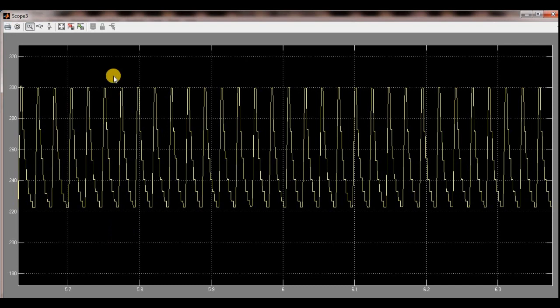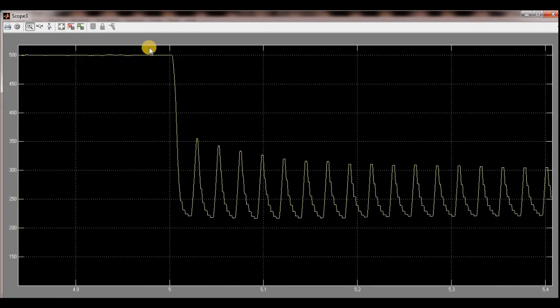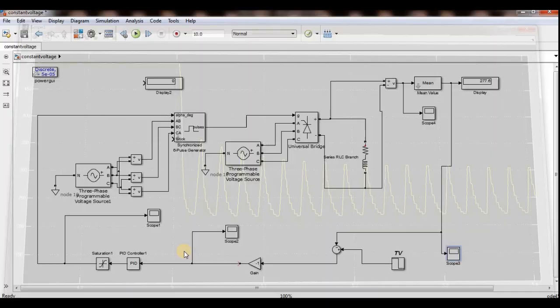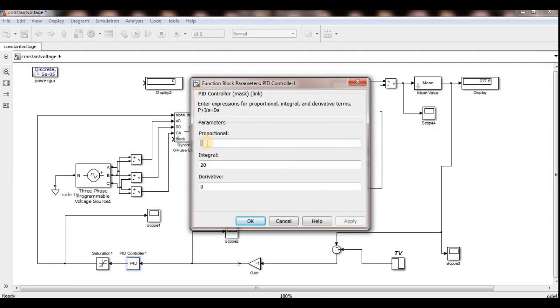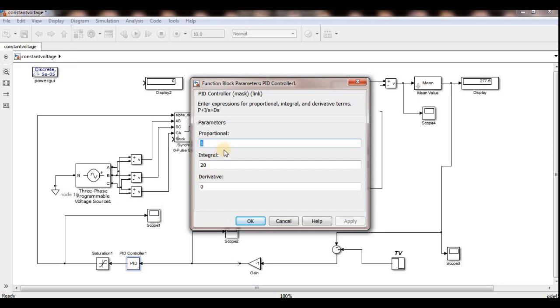Previously it was varying from 200 to 360 or something. Now it is varying from 220 to 300. But the thing is, the settling time, or this time period, will be more if I reduce the proportional gain. So for a particular combination of PI, we have to compromise.